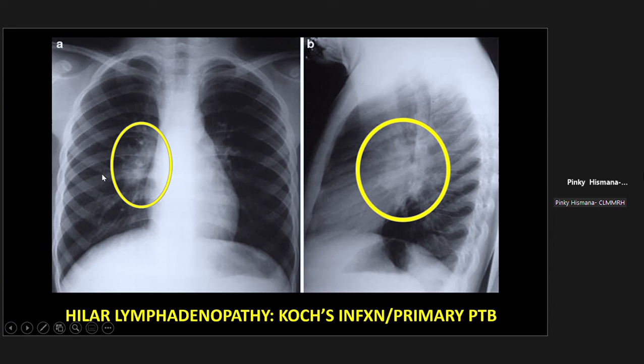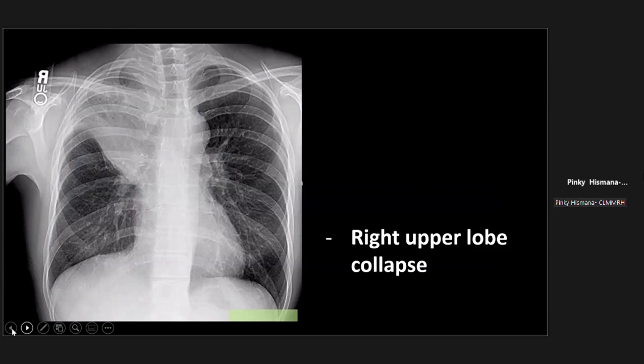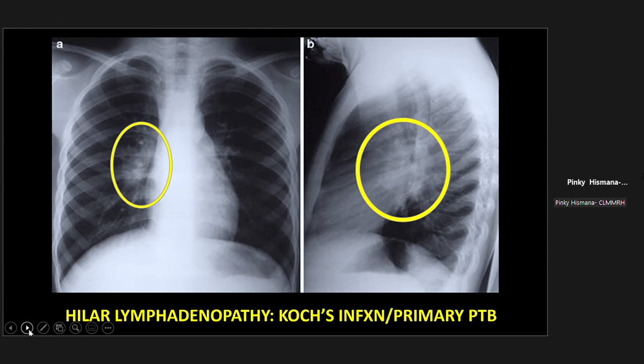Usually what we're looking for, if you're considering a primary TB, would be enlargement, usually unilateral hilar lymphadenopathy to be exact. So when you see pediatric cases presenting with unilateral hilar lymphadenopathy, you already do a Mantoux test. Most likely it's a case of primary TB or Koch infection. And of course, when you do pedia, usually they request APL for the pediatric group, which I'm going to discuss later.